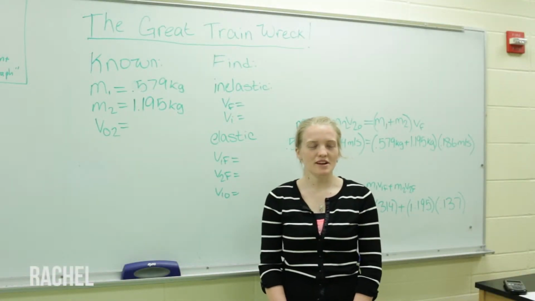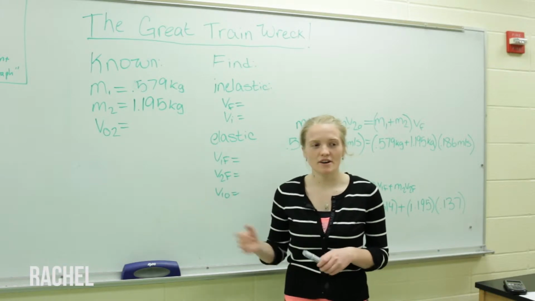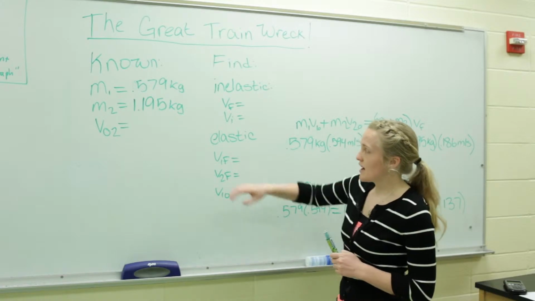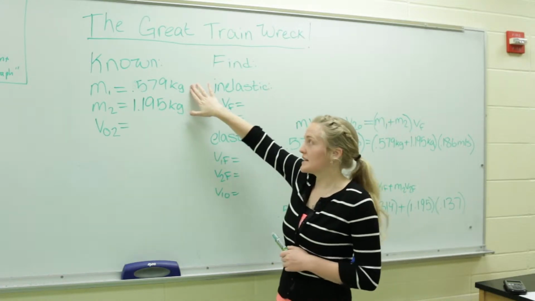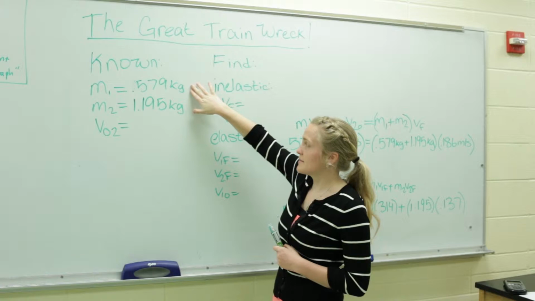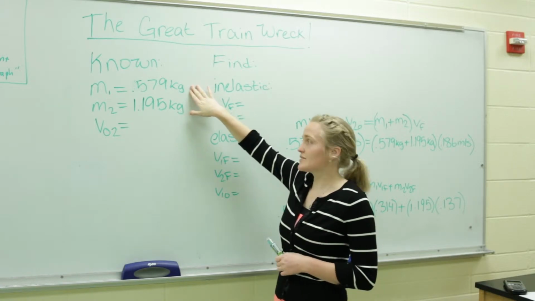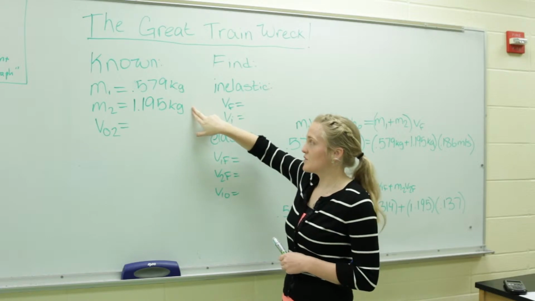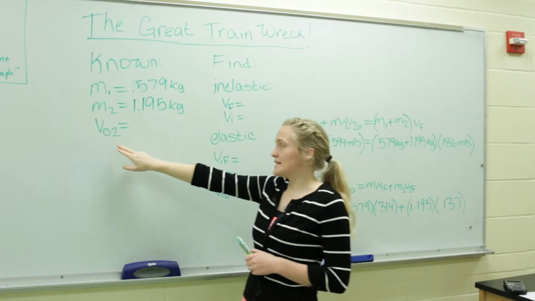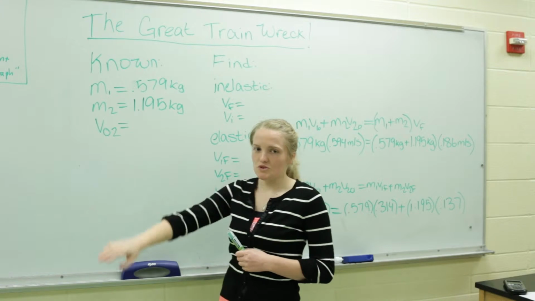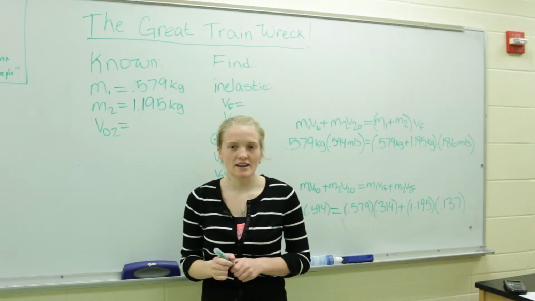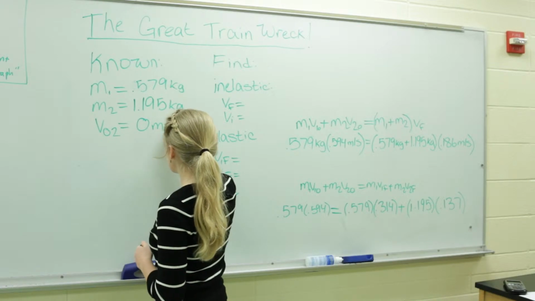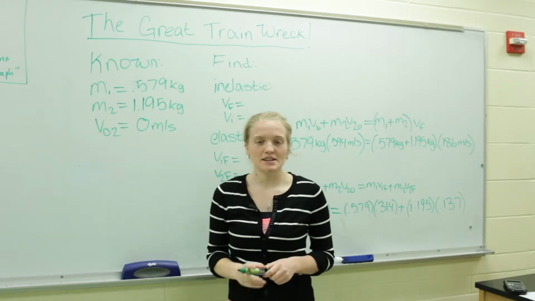Hi, I'm Rachel, and I'll be talking about the calculations for my part of the presentation. First off, we know that mass 1 is almost half a kilogram, 0.579 kilograms, and mass 2 is 1.195, which are from before. The cart at velocity 2, which was sitting at the bottom of the track, is 0 meters per second because it is not moving at the beginning.